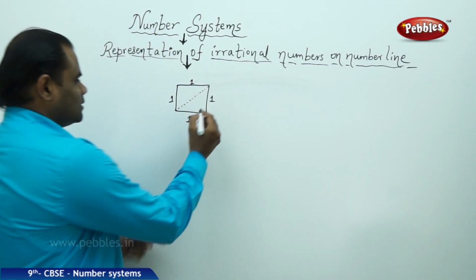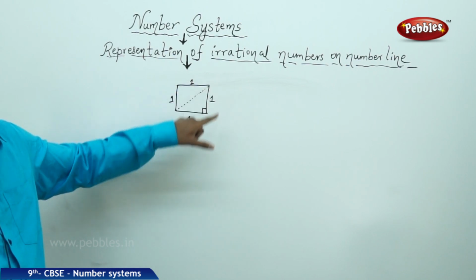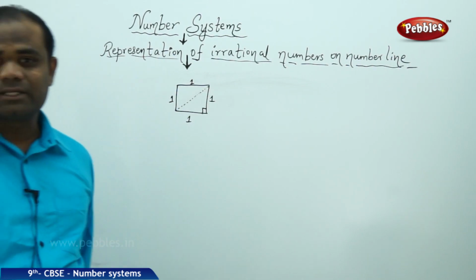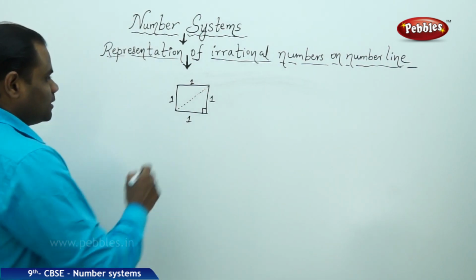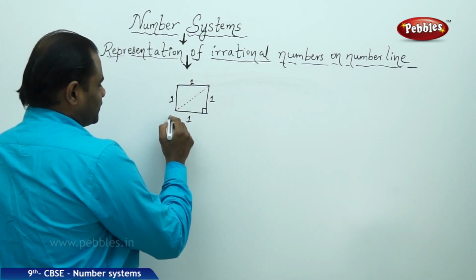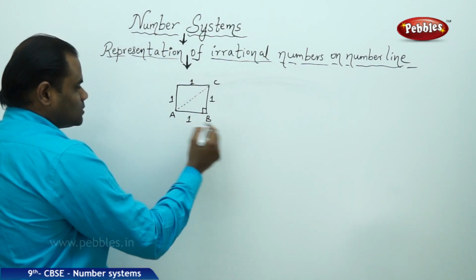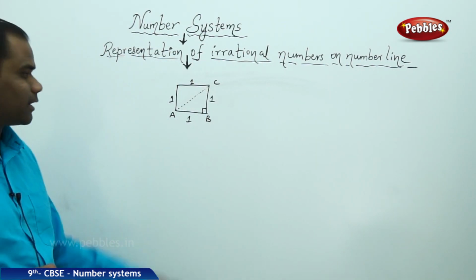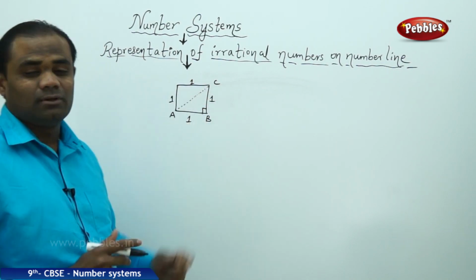We know that this diagonal forms the hypotenuse for one of the right angled triangles taken on either side of the diagonal of the square. Now this being a right angled triangle, let me say this is A, B and C. So ABC forms a right angled triangle, right angled at B, with AB equals 1 unit and BC equals 1 unit.